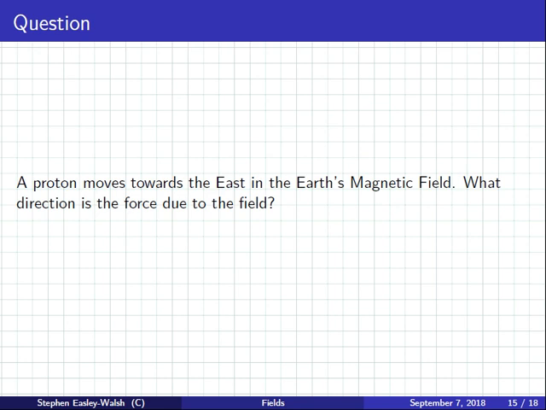It will increase in its height. So this is using the left hand rule. The answer is the proton will climb up. It will move up. It will rise. Is that okay?